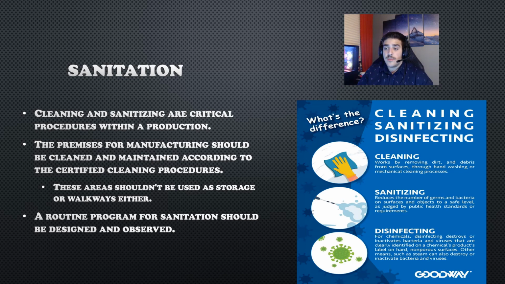These areas shouldn't be used as storage or walk-through areas to avoid any problems or dust or buildup or cross-contamination. Next, a routine program for sanitation should be designed and observed, just to keep everything on track and make sure everything is checked on occasionally and on a certain schedule.